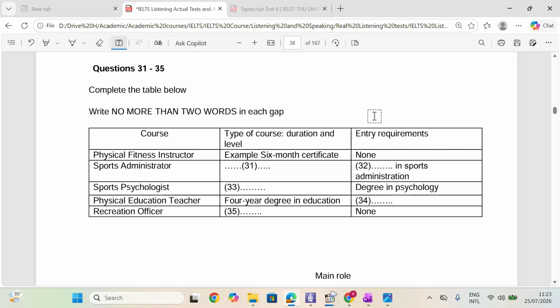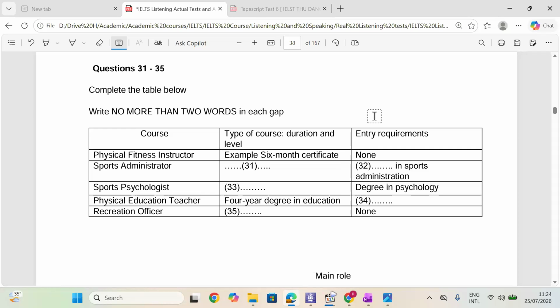This employment must be current and related to sports administration. For the sports psychologist course, we offer a 1-year diploma course, but this diploma course is available only to those who already hold a degree in psychology. So you need to make sure you have that before you apply to do this course.